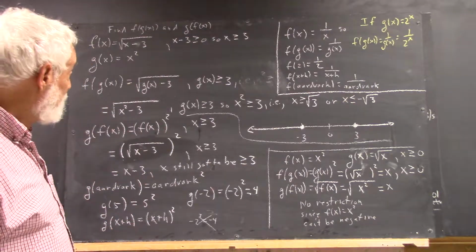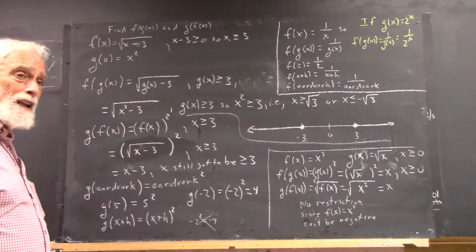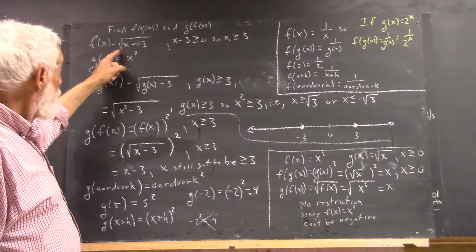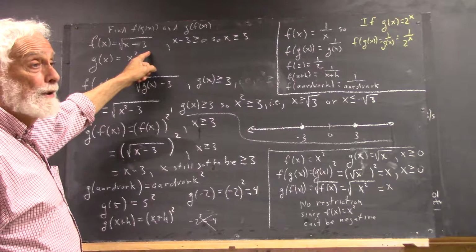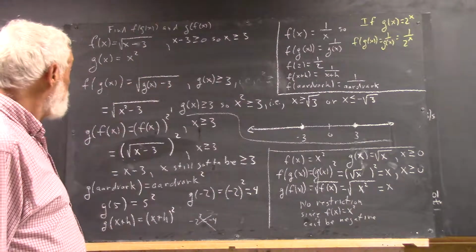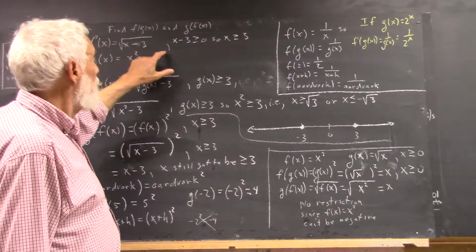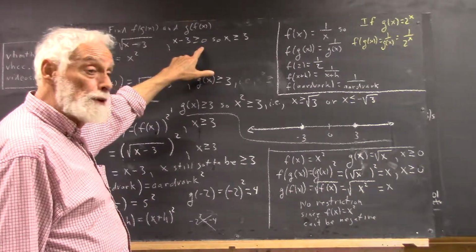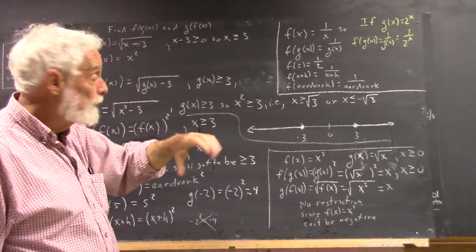Because if you look at f of x, not just any number can be substituted for x. You have a square root here, and what's under the square root can't be negative. So we have to say that f of x equals this, but there's the restriction that x minus 3 has to be greater than or equal to 0. You can only do a square root of a number if it's greater than or equal to 0.